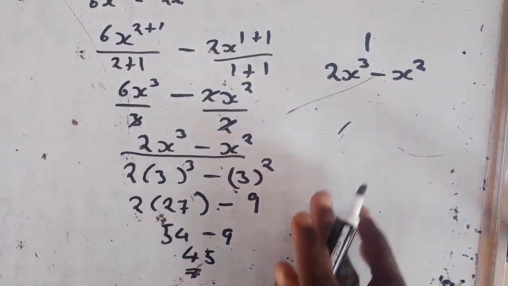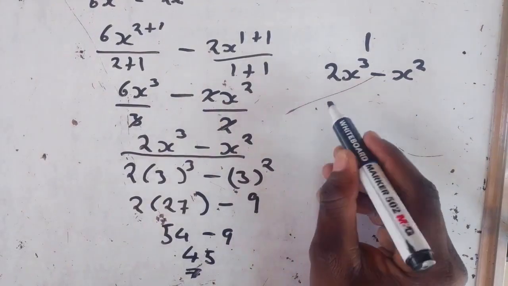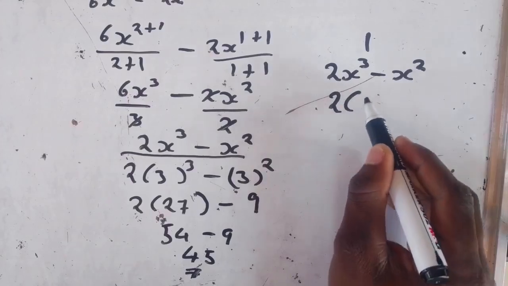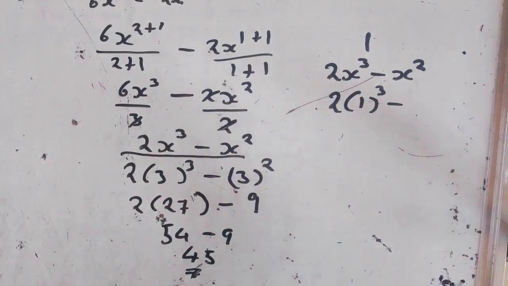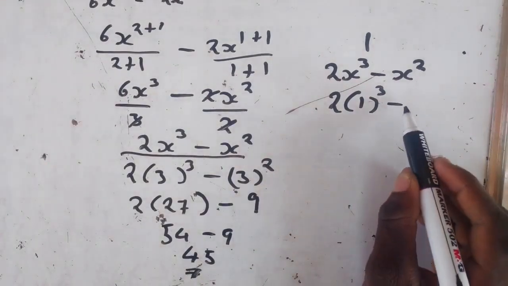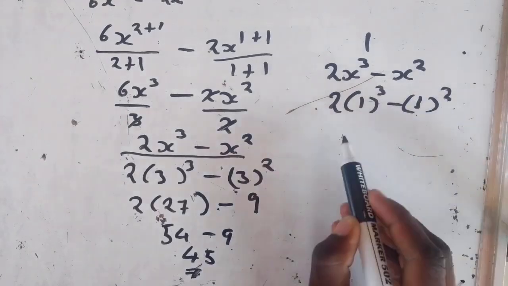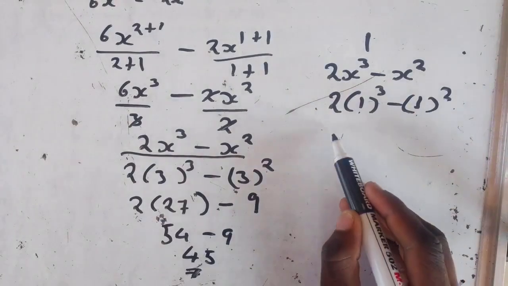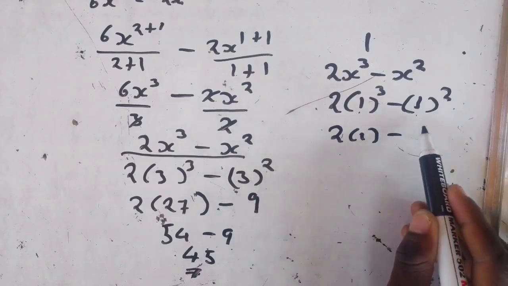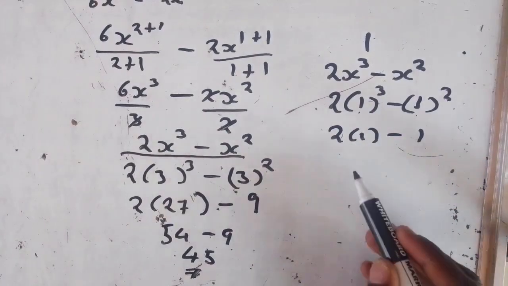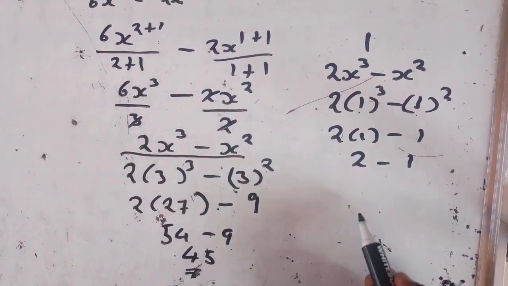So 2 multiplied by 1 cubed minus, remember where x was replaced with 1, so minus 1 squared. So 1 cubed is 1, so we're going to have 2 multiplied by 1 minus 1 squared, which is 1. So 2 multiplied by 1 is 2, minus 1, will give you 1.